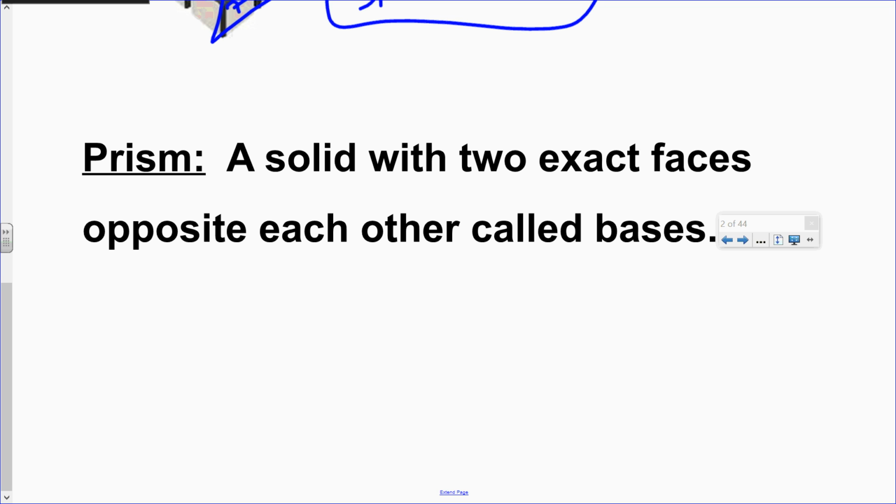A solid, you already know what a solid is, 3-dimensional shape, with 2 exact faces opposite each other called bases.